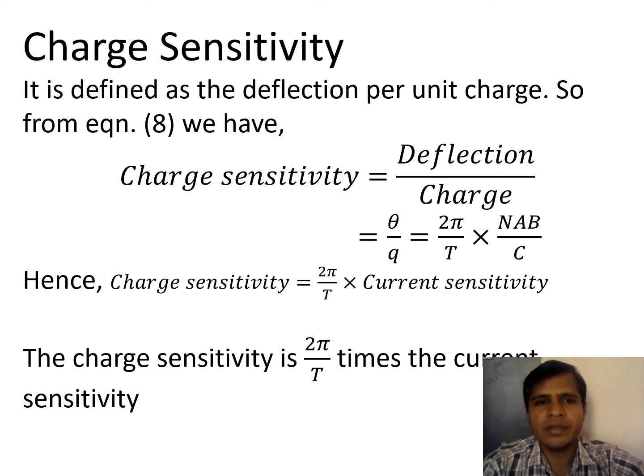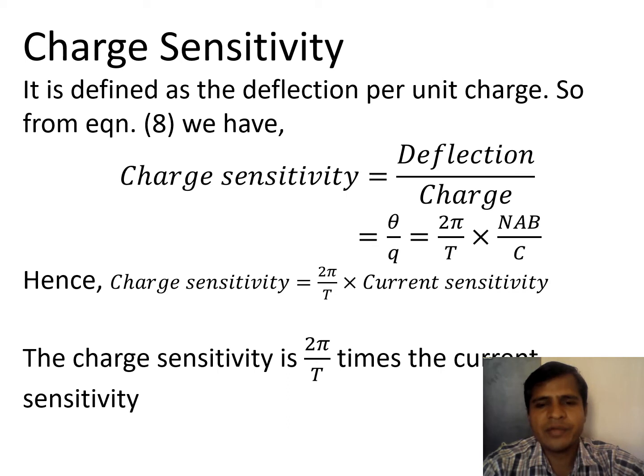Charge sensitivity is defined as the deflection per unit charge. So from equation 8, we have charge sensitivity equal to deflection upon charge, where theta is the deflection and the charge is small q.